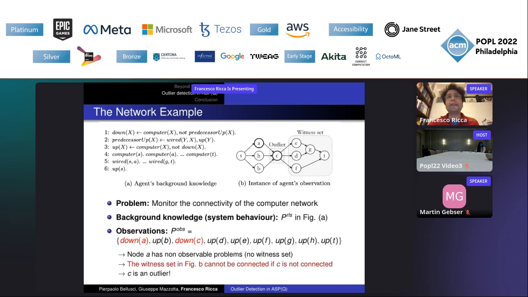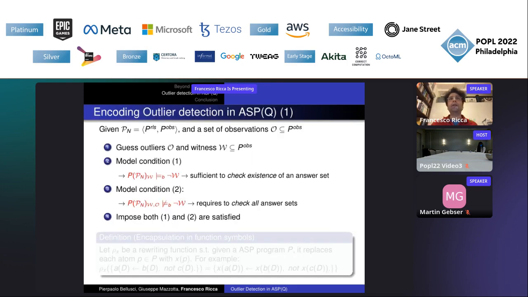So basically, we have to encode the two conditions, and to do this, the strategy in the encoding is to guess the outliers, guess a witness, and then we model the first condition. Notice that the definition of outlier can work either with brave or cautious consequence, and here we considered the brave inference.